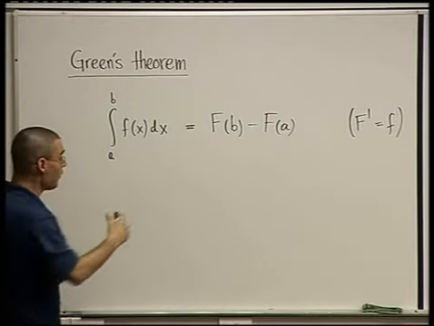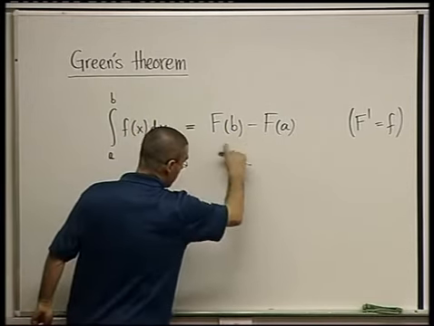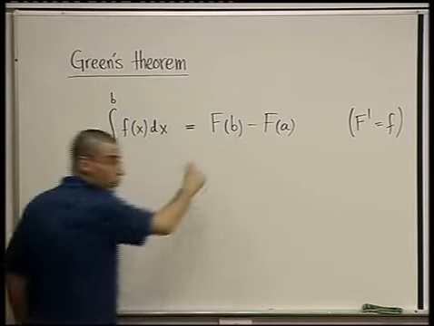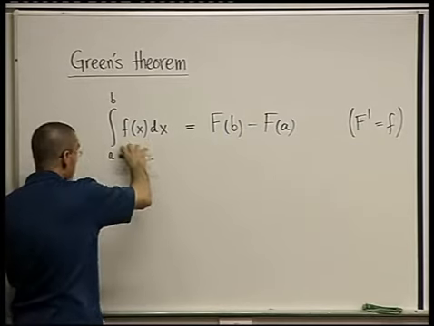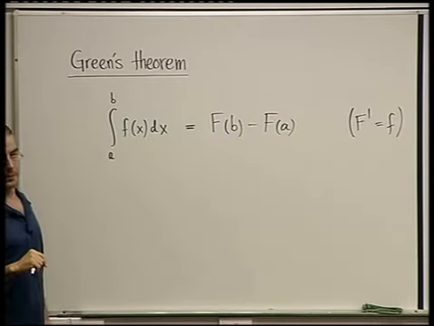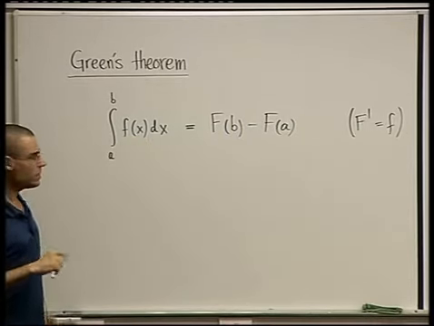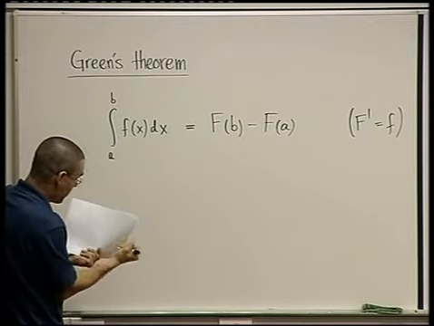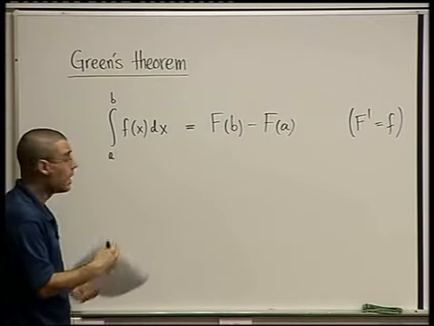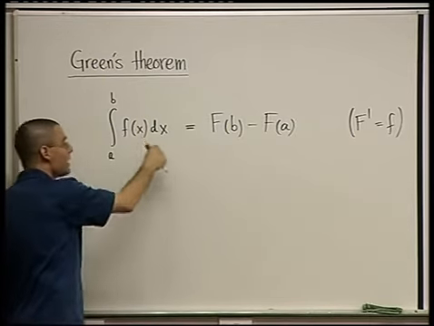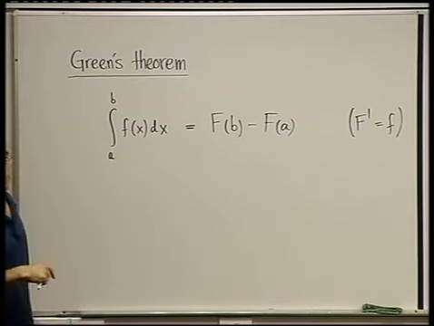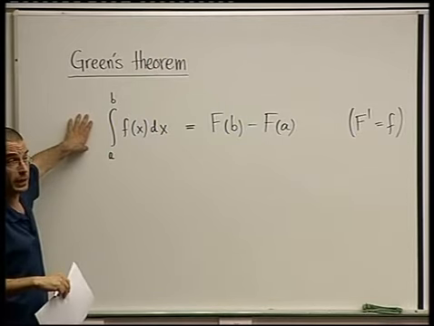And moreover, on the right, we're only going to be looking at endpoints or boundary or something like that. And on the left, we're going to be looking at the entire domain. So this is not something very precise, what I said now, but I want to write Green's theorem, and then we're going to look at it again and say, hey, it's of the same form. It comes from the same family.